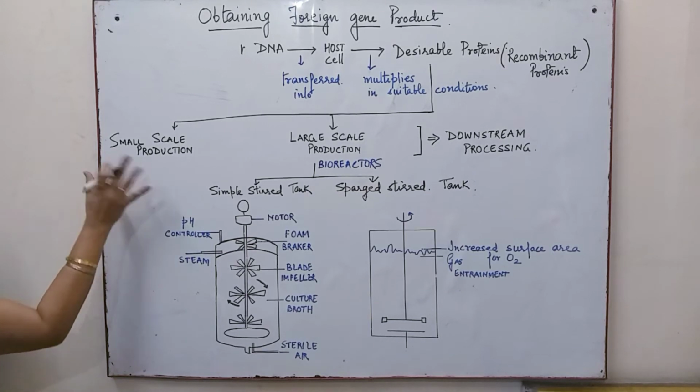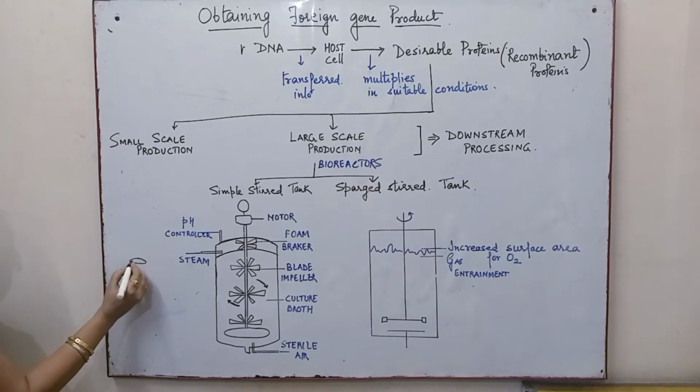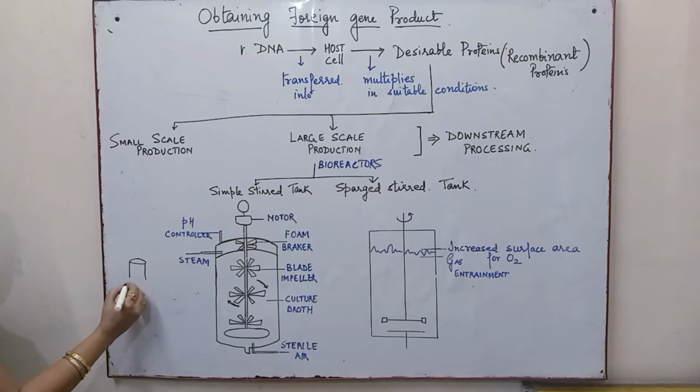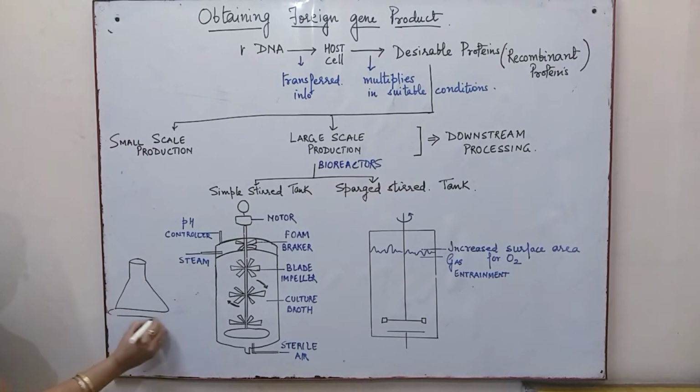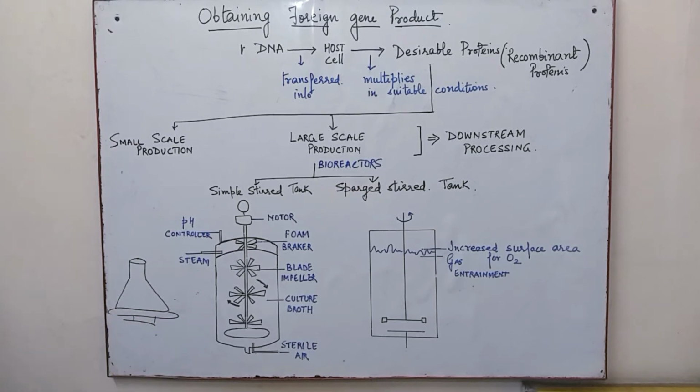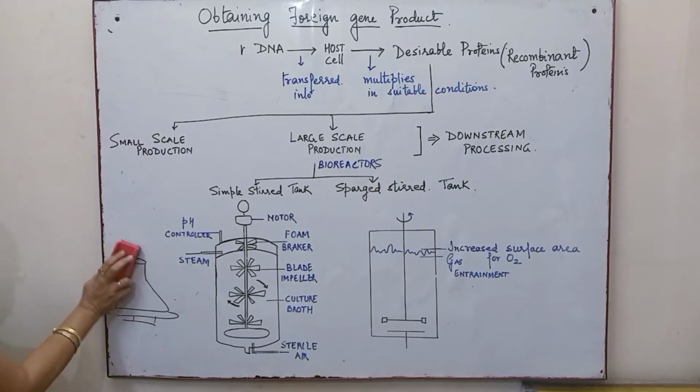When we talk about small scale production, it is somewhat like this. The flask is there and it is placed on a shaker. That is, the motor is fitted over here. The shaking allows the mixing, and it is an orbital motion, normally for very small volume production.